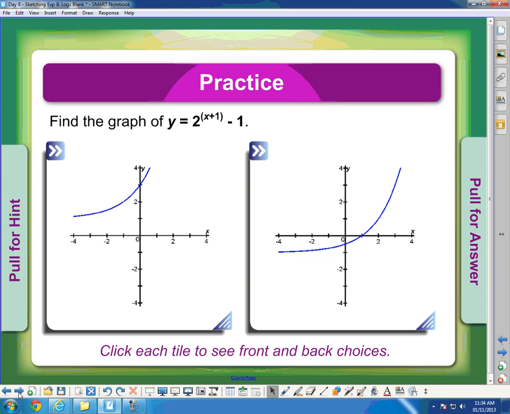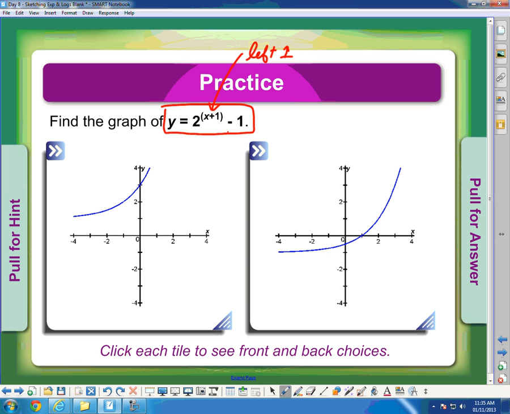So what we're looking for is 2 to the x plus 1 minus 1. So if we think about it, we're going to read this and do all of our reflections and our translations. For starters, you see this as x plus 1. It's within the function, so it moves it left or right. And this one's going to move it left 1.